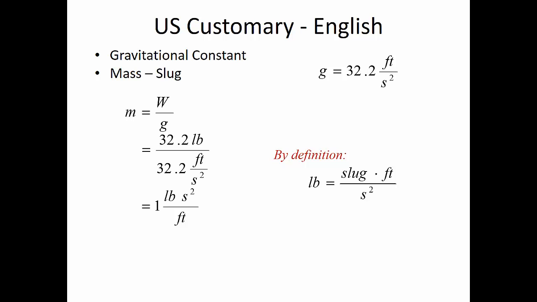But again, the pound is a slug foot per second squared, so our feet cancel, our seconds cancel, and we're left with 1 slug. Or in other words, a body of weight 32.2 pounds has a mass of 1 slug.